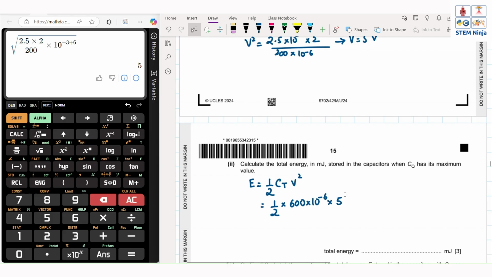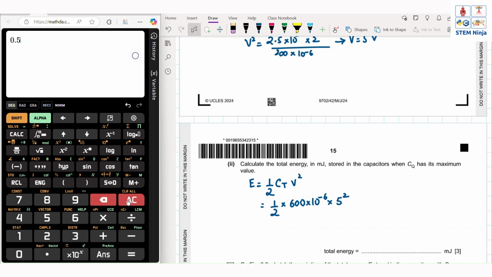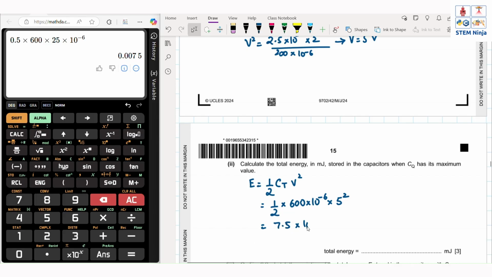Voltage squared is 5 squared. So we have 0.5 times 600 times 25 times 10 raised to power minus 6. You get 7.5 times 10 raised to power minus 3, which is that total energy.